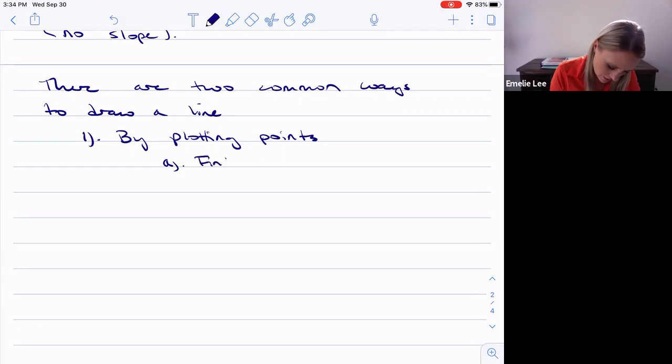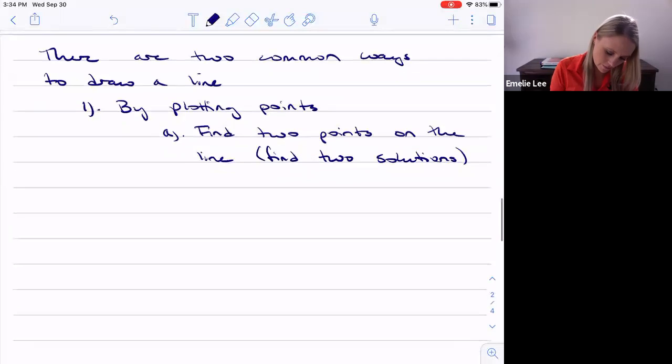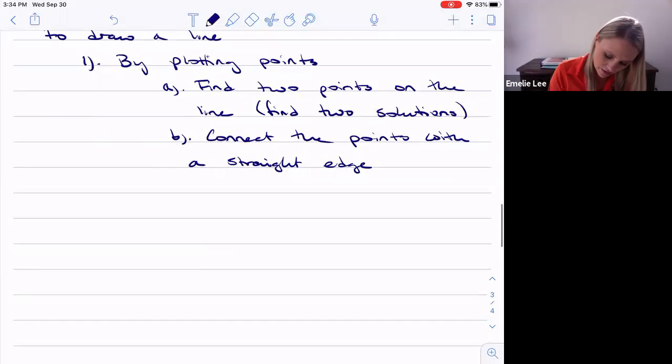Find two points on the line. We could also say find two solutions. Then connect the points with a straight edge and extend the line.